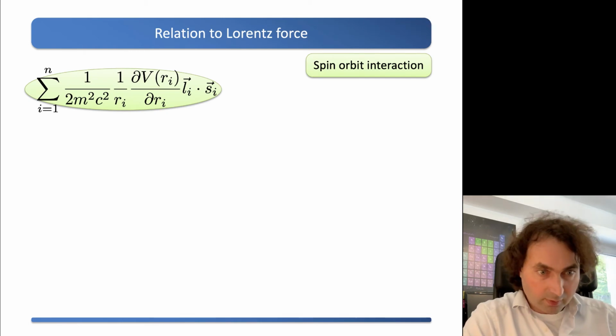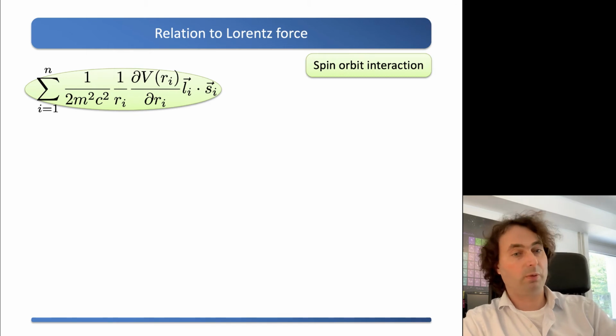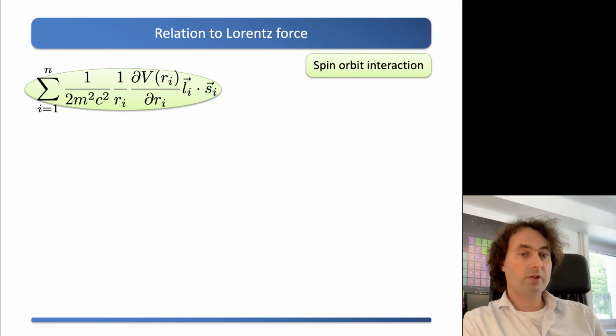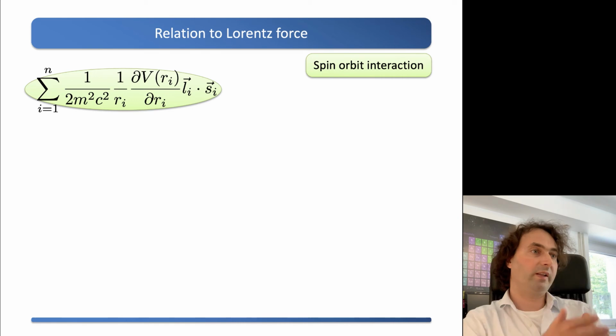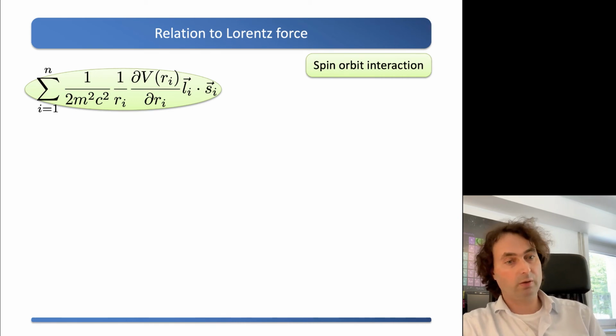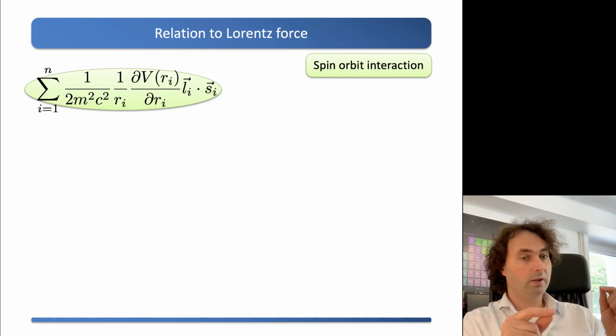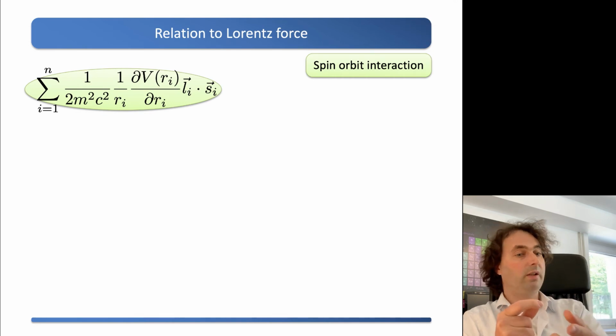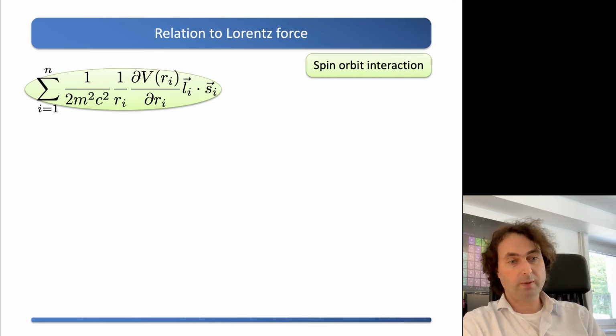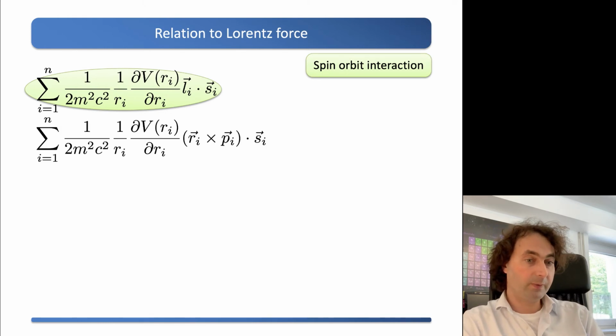The spin-orbit interaction can in principle be related to a Lorentz force. An electron rotating in an electrical potential can of course also be seen as an electron that is stationary and the potential that is rotating. So then it's coming from a current, and a current would generate a magnetic field.